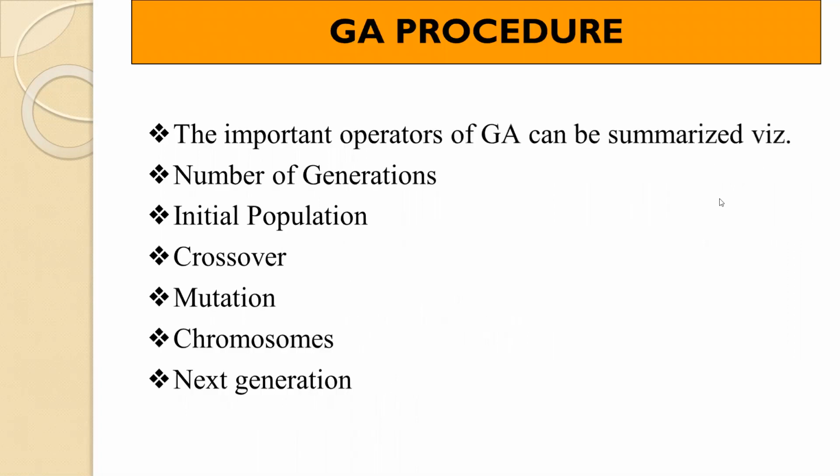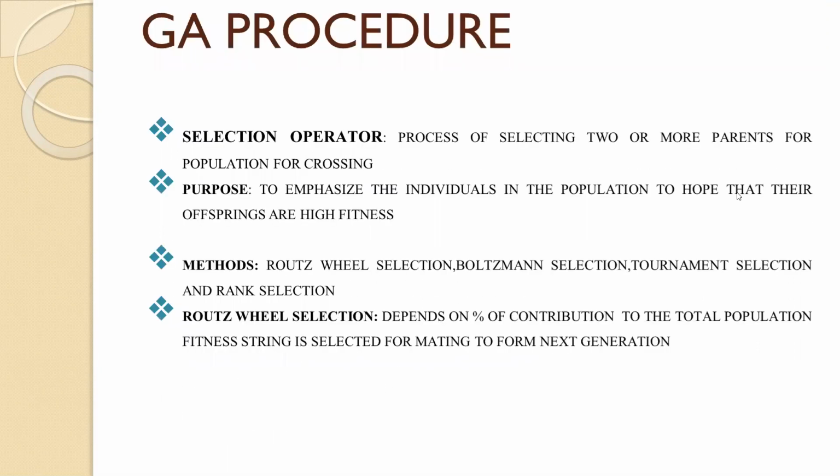So these are the number of definition stages in antenna optimization: initial population, crossover, mutation, chromosome identification, next generation task. The selection operator is a process of selecting two or more parents from a population for the crossing function.